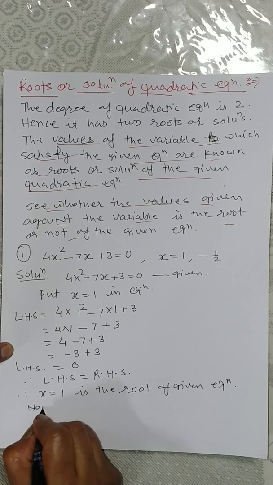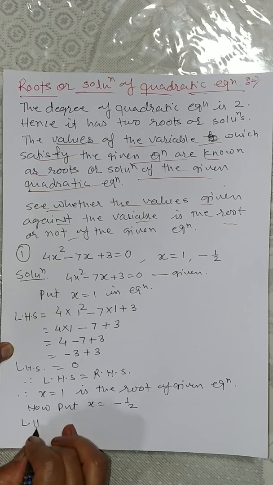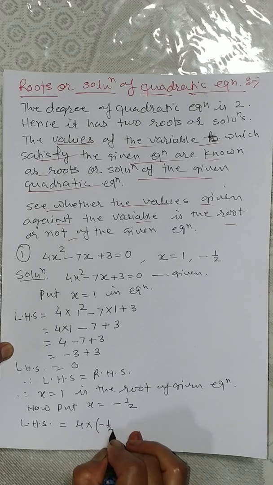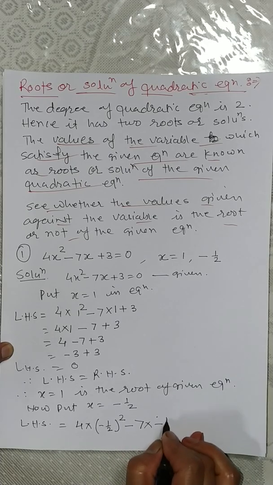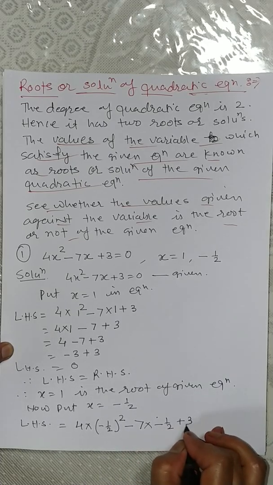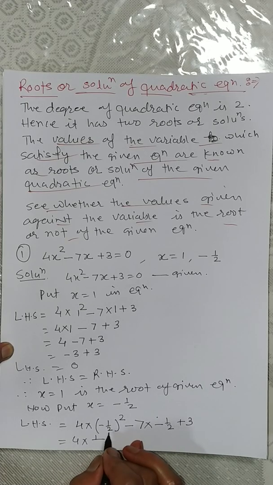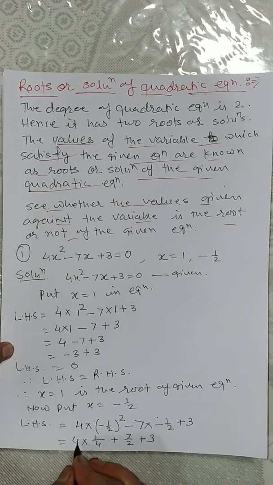Now put x is equal to minus 1 by 2. So left hand side is 4 into x square, that is minus 1 upon 2 whole square, minus 7 into minus 1 upon 2 plus 3. Now 4 into minus 1 upon 2 square; 1 square is 1, 2 square is 4. Then minus into minus is plus, it is 7 by 2 plus 3. Now this is cancelled.